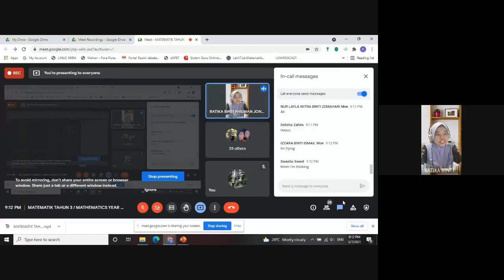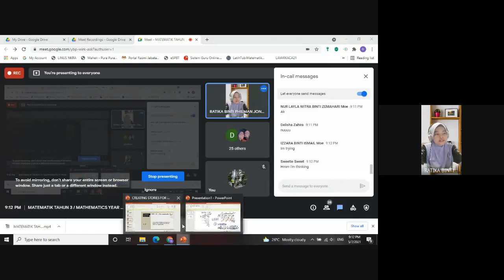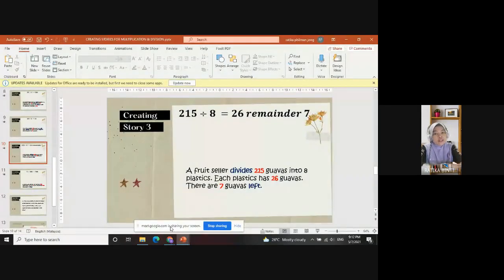Remember, division is from many to one. Let's say we have 215 rambutan. 215 bahagi 8 equal to 26, remainder 7.